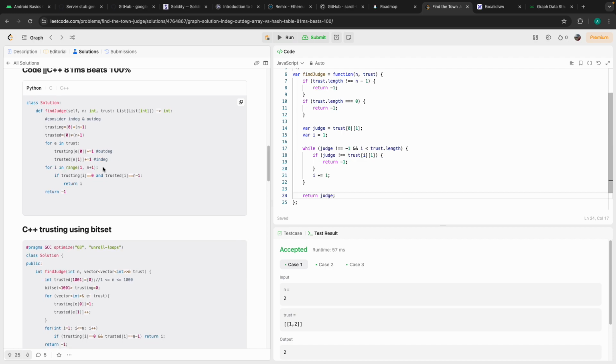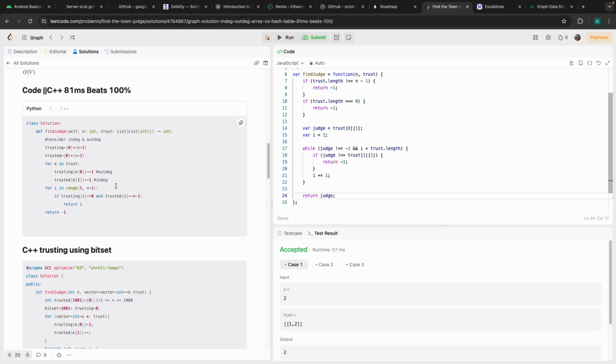For i in range 1 to n plus 1, if trusting i is 0 and trusted i is n minus 1. Aha, if he trusts no one and he is trusted by n minus 1 persons, people, then he is the judge.